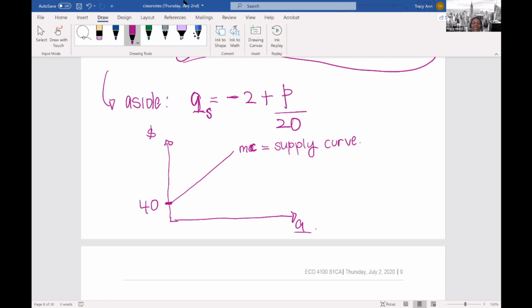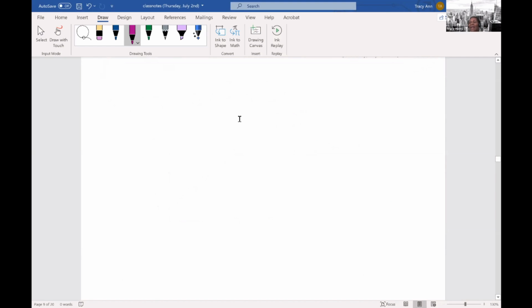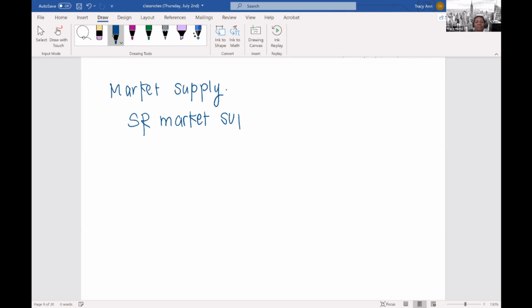By the way, notice that we can get our market supply in the short run as the sum of all our individual firms' short-run supply curves.